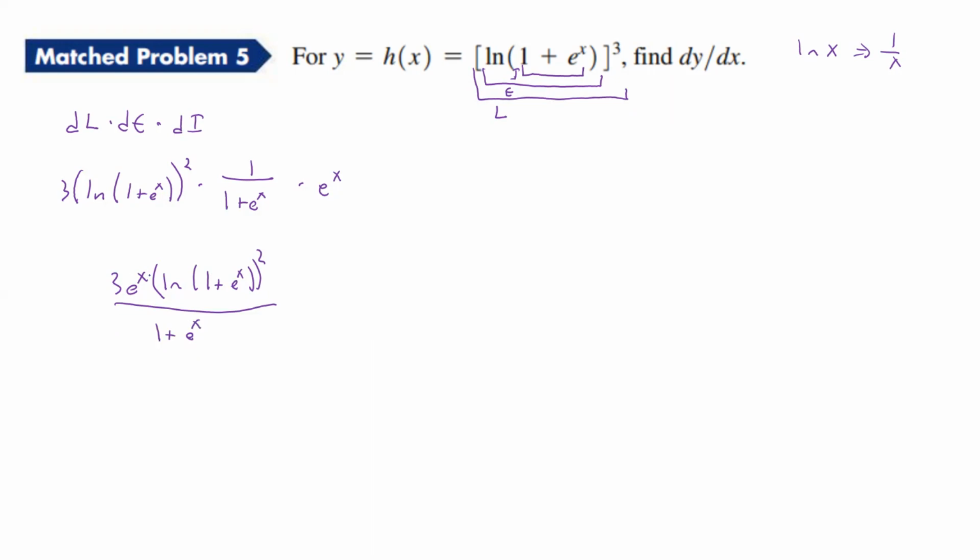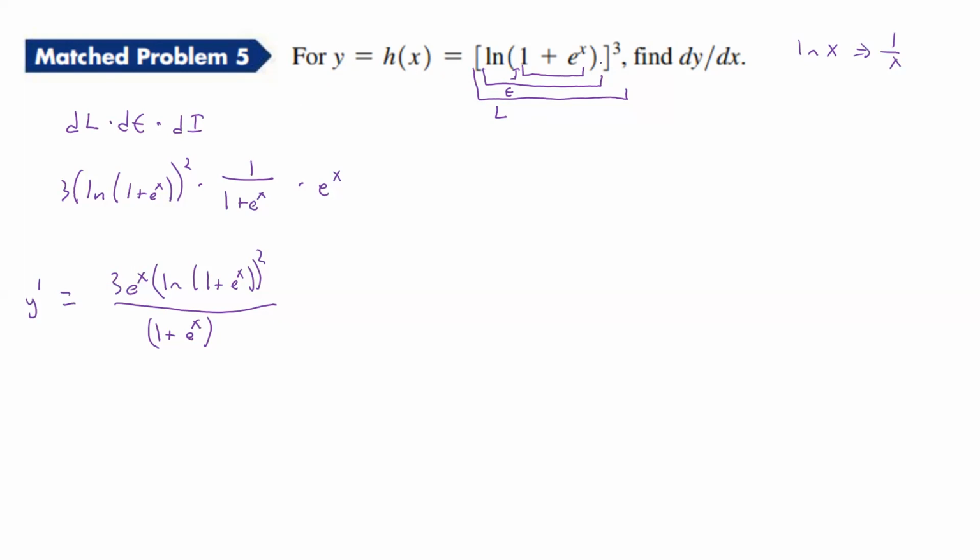So now I have 3 e to the x, ln of the 1 plus e to the x, the quantity squared, all over 1 plus e to the x. If we were putting this in a calculator, we'd want to keep the parentheses, but we're just finding the derivative. So that's our dy dx in this case, or y prime, however we want to look at it.